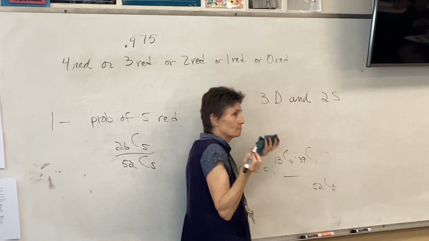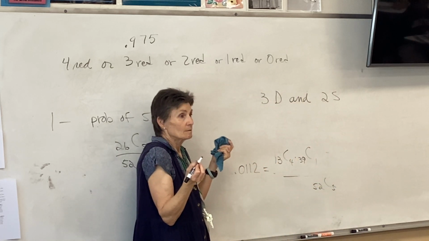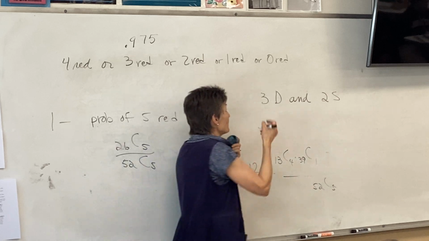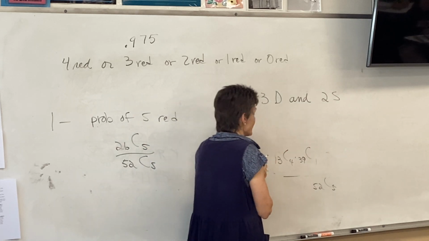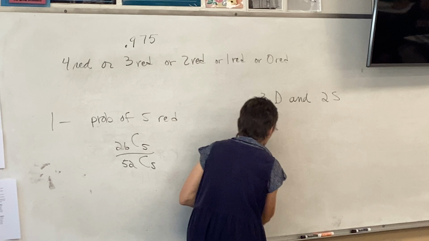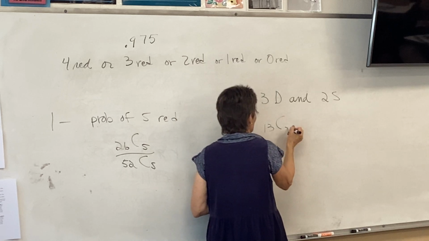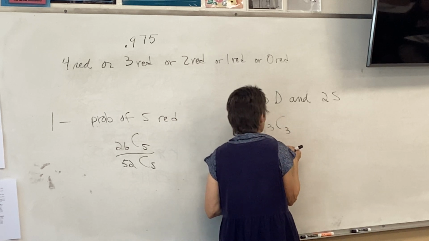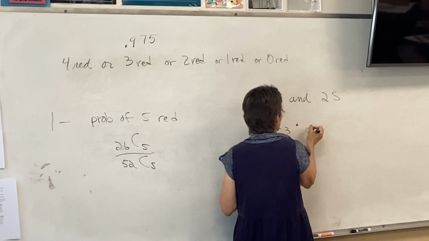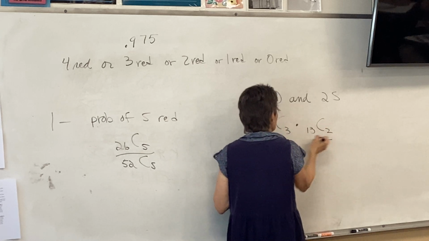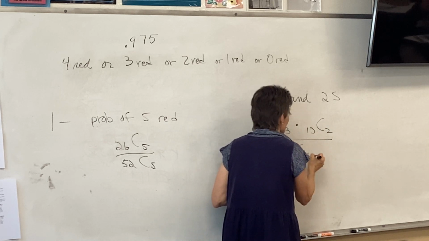So 13C3, my diamonds, times 13C2, there's my spades, divided by 52C5.